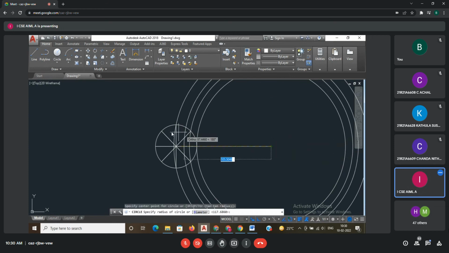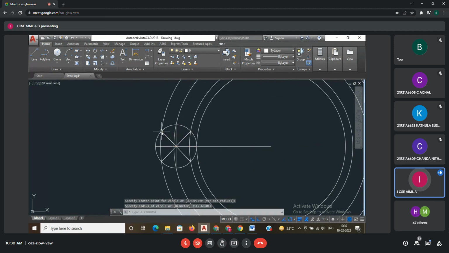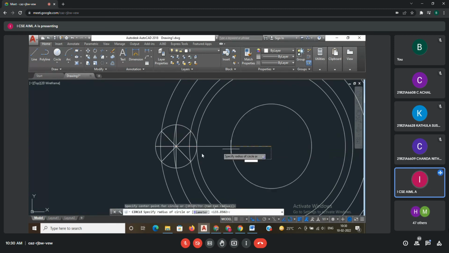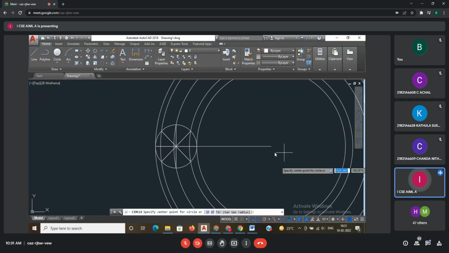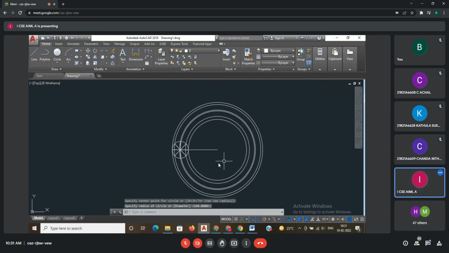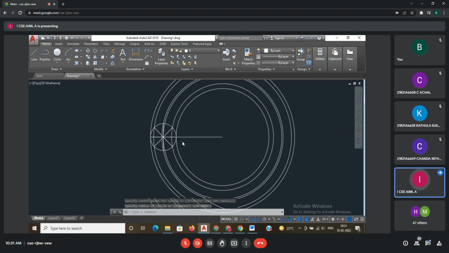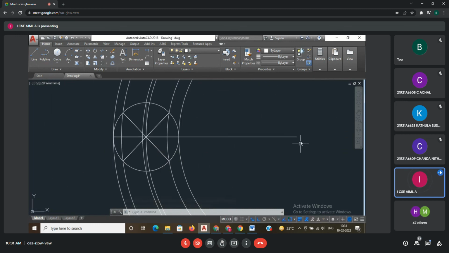That means from the center of the larger circle, you have to draw arcs from each division. Same way you have to draw the arcs for the center of the circle also. Then after drawing the arcs from each division, now this is my center, this is my radius.